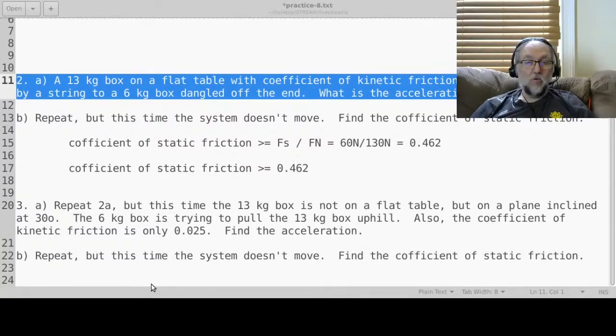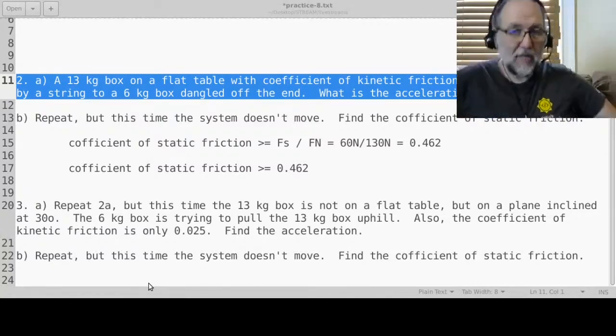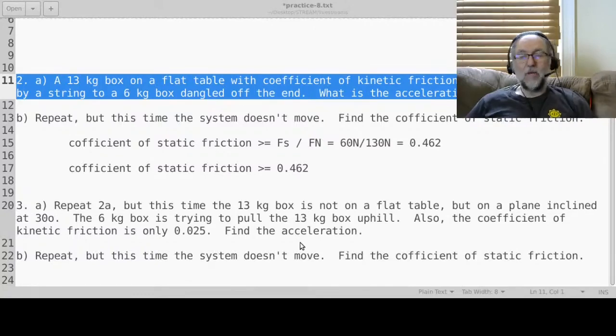It's by far the most difficult type of problem, so let's just take it in steps. It's easier to do the static friction problem, so let's do the static first, do part B first. Once we've done the static, we'll return to part A and do the kinetic friction. Even though the numbers aren't the same, because one is kinetic and one's static, the static will give us some idea of what we're supposed to be doing for the kinetic friction.